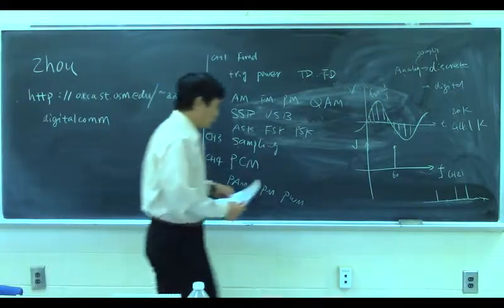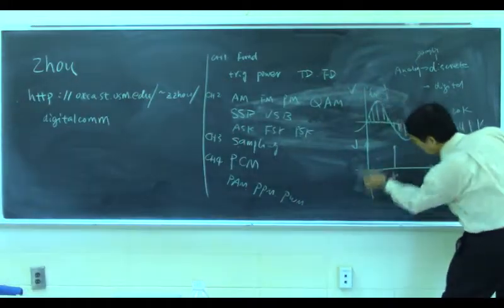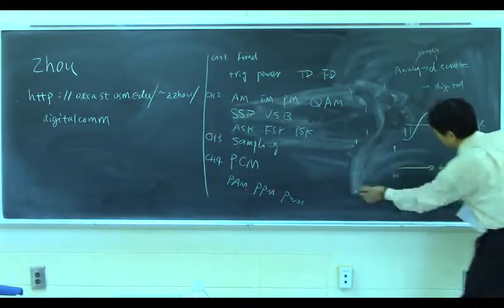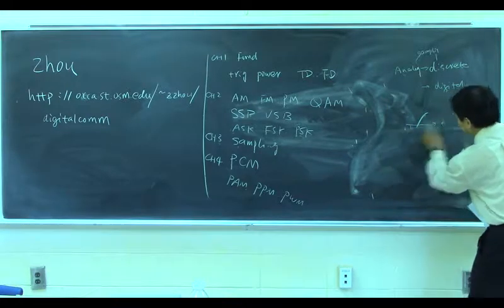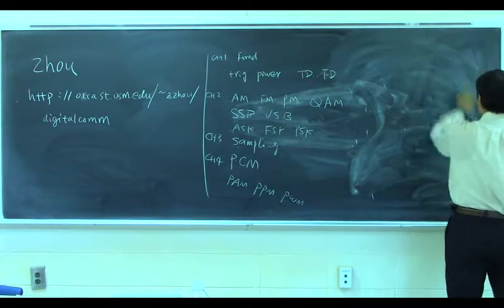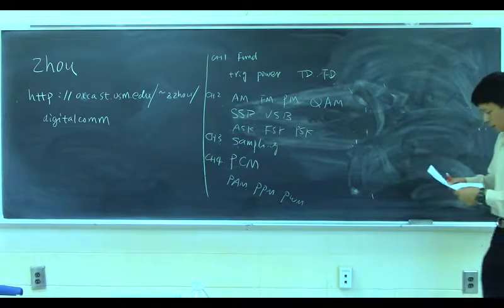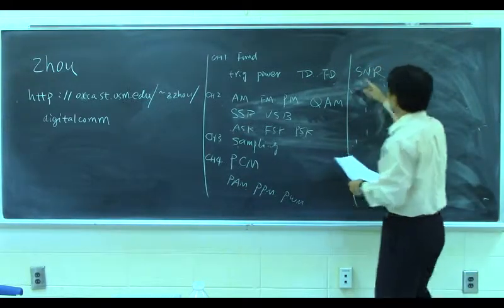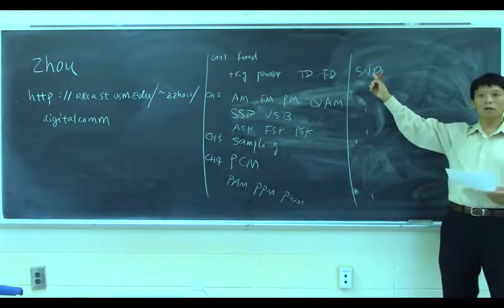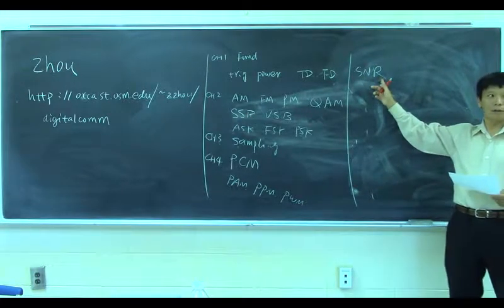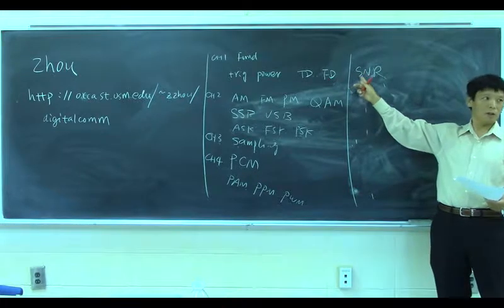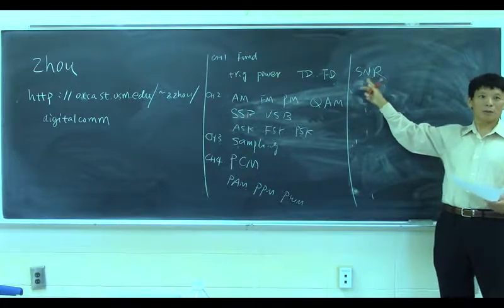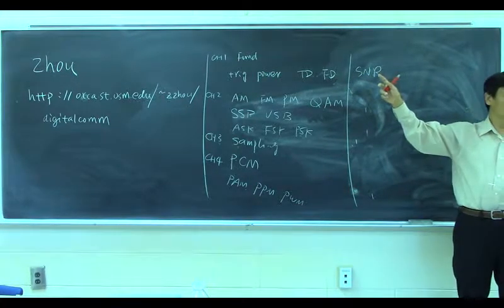Another concept that will be discussed is SNR, signal to noise ratio. You are given a signal. If we know the noise, then the ratio is just the signal divided by the noise.